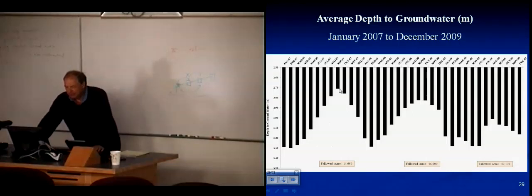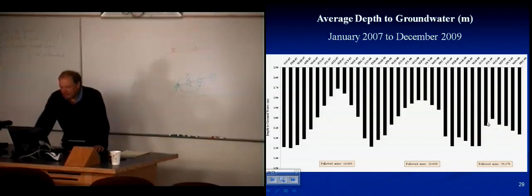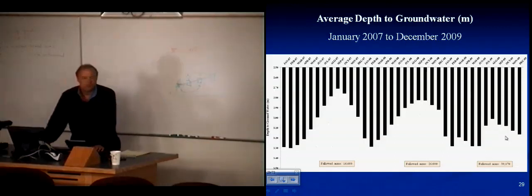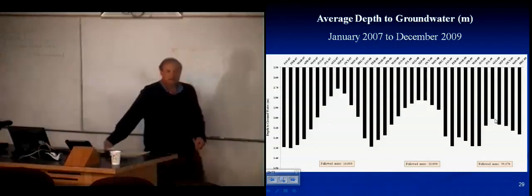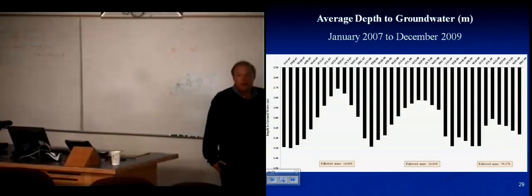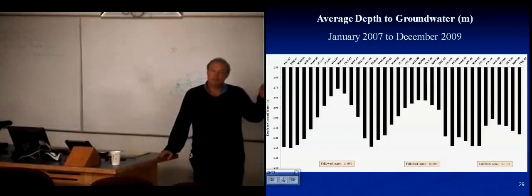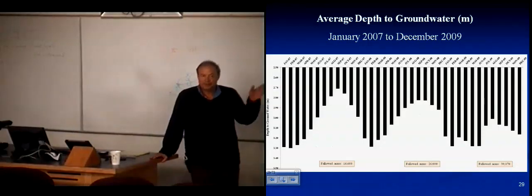So when we close it on a yearly basis, and I'll show you in a minute why this is okay, we're pretty much saying that we assume that the groundwater on a yearly basis is coming back to the same point as it did when we started. And when we look at the yearly basis, our closure is within 2%, which is pretty good.